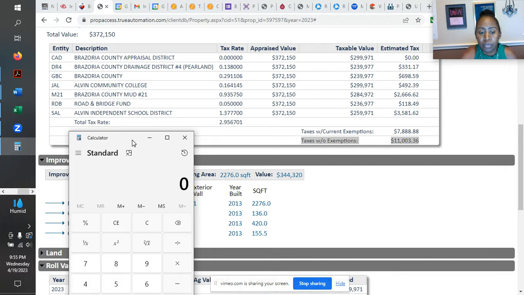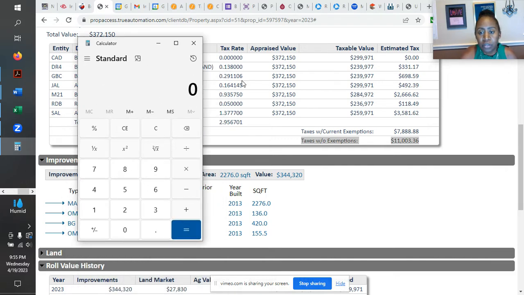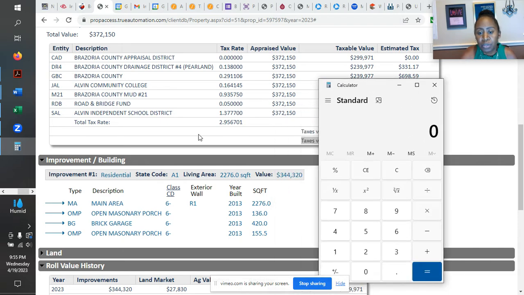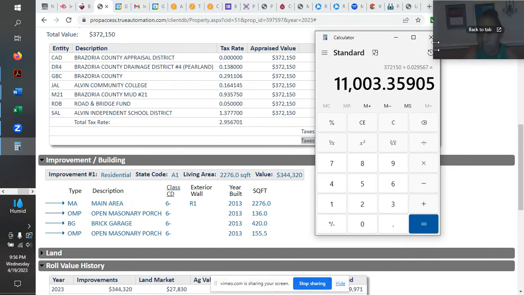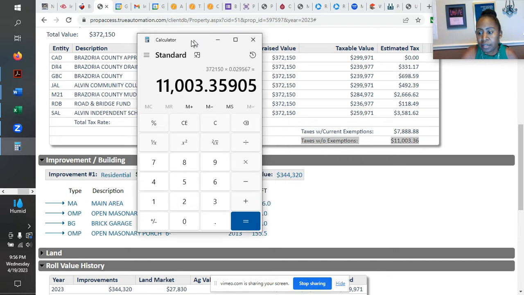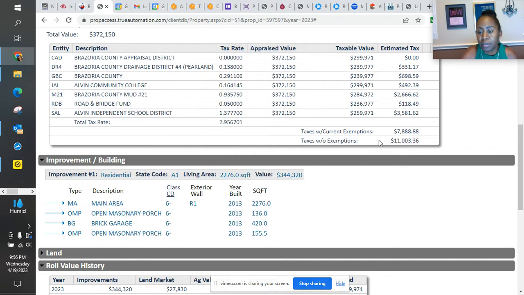That number comes from this 150 times this total tax rate of 2.9567%. So if we did the math, you can see where that came from: 150 times the tax rate of 0.29567, which gets us the $11,003 that we see here. So without exemptions, that's what this person would pay.